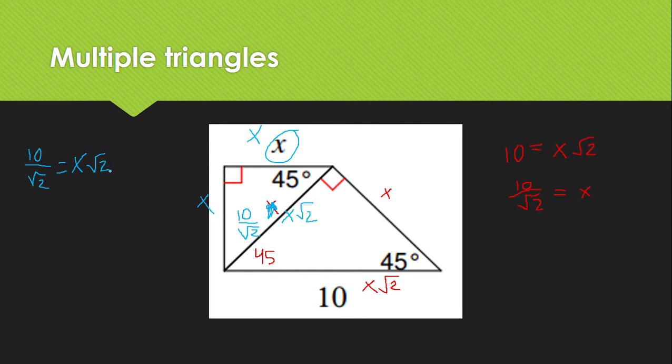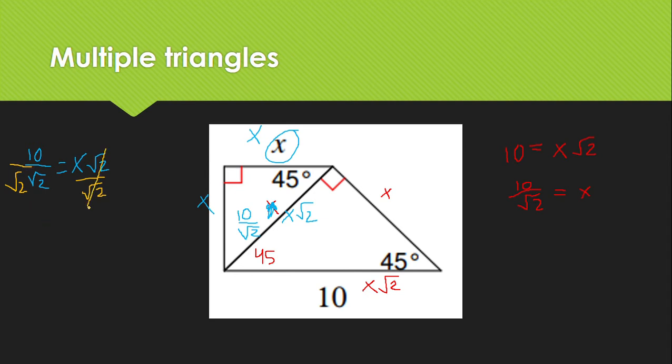All right, so I want to solve for x. So x is over here. I need to get rid of this square root of 2. So I'm going to do that by dividing. So if I divide both sides by the square root of 2, I could just put it down there in the denominator because I'm dividing.